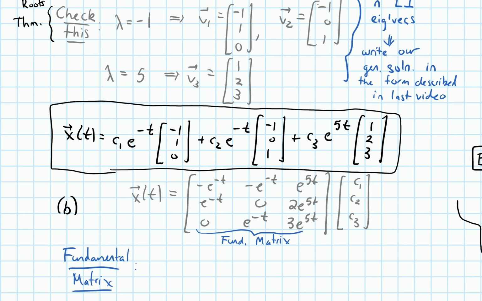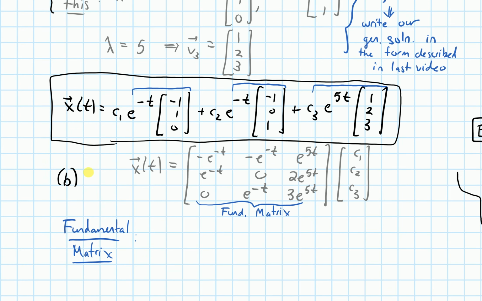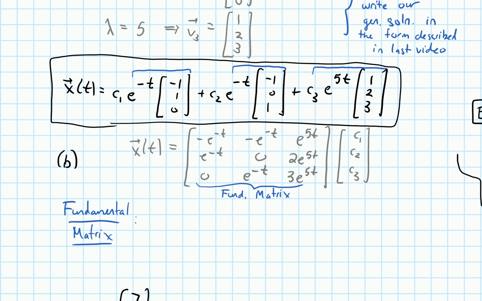The fundamental matrix has all of the n linearly independent solutions. So here was one, here was the second one, here was the third one written as the columns. Okay, so let's just write it a little bit more explicitly. So our fundamental matrix, the notation to denote a fundamental matrix is we usually write capital X of t.